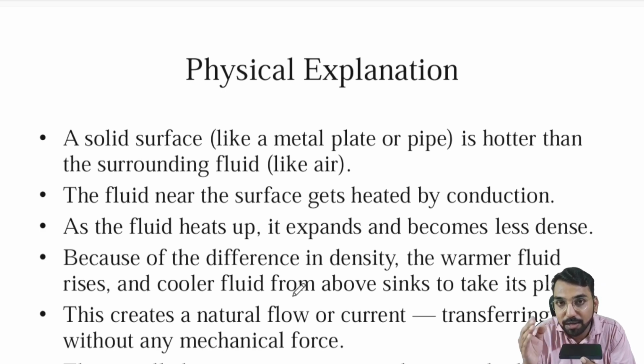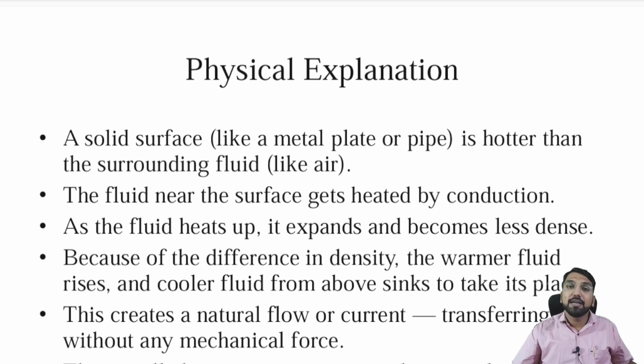The other particles which have higher density will again come into contact with the hot plate, again get some heat, lose their density, and again rise up. So this cyclic process goes on, and this is called natural convection.